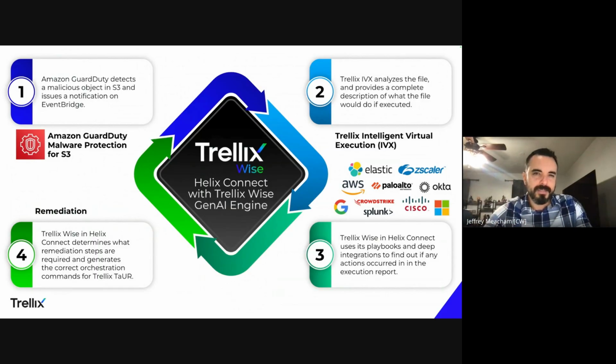Next, Trellix Wise and Helix Connect take over. They use built-in playbooks, maybe even playbooks that you have built yourself inside Helix Connect, and deep integrations like AWS, Cloudflare, Okta, and others. It checks to see whether any of those IVX-predicted behaviors actually happened in your environment.